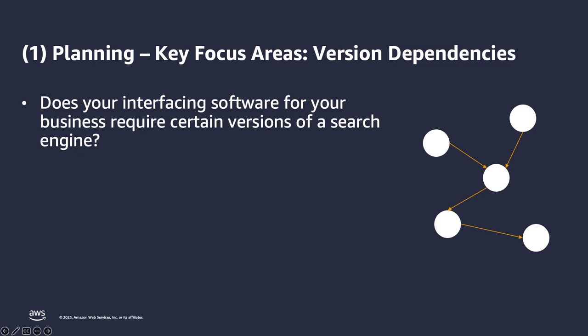For example, if you have a web application that uses an Elasticsearch client, you need to make sure that the Elasticsearch client will still work with the target cluster that you have, or you need to change the client implementation. Certain libraries in certain programming languages don't have native support for authentication, for example.